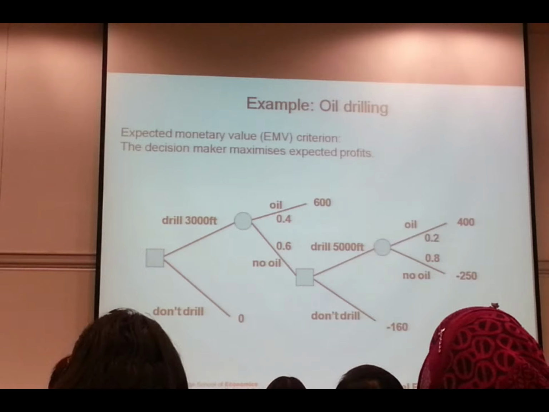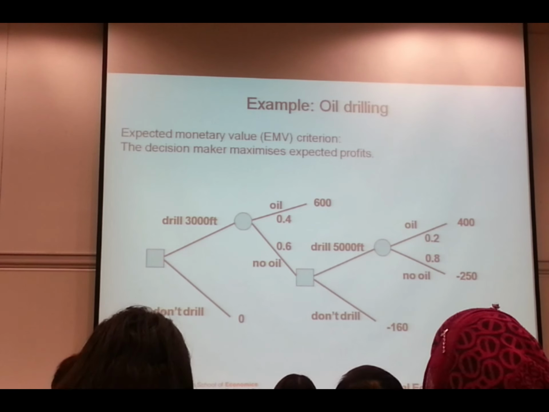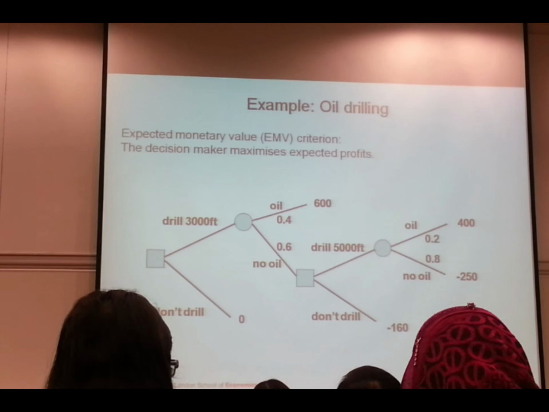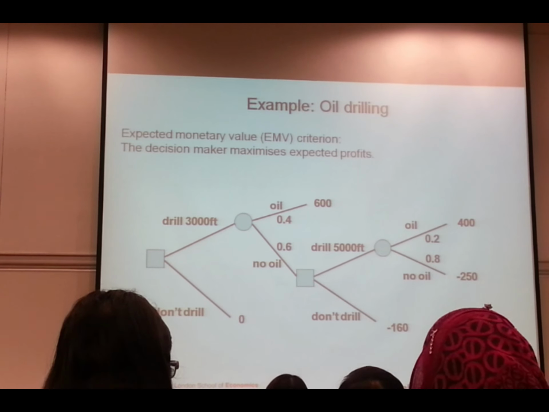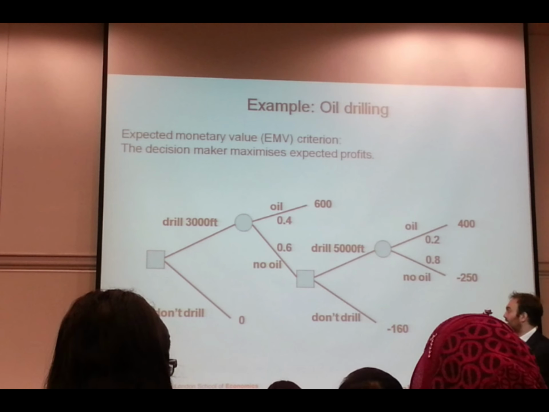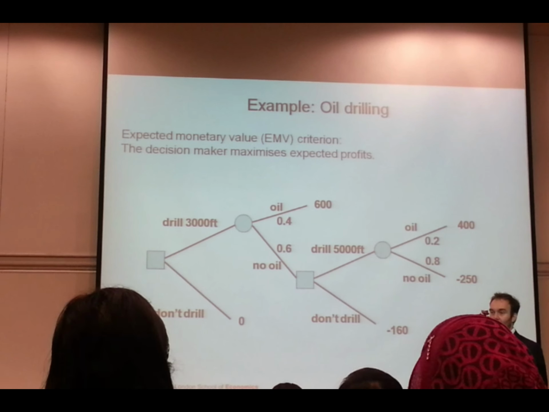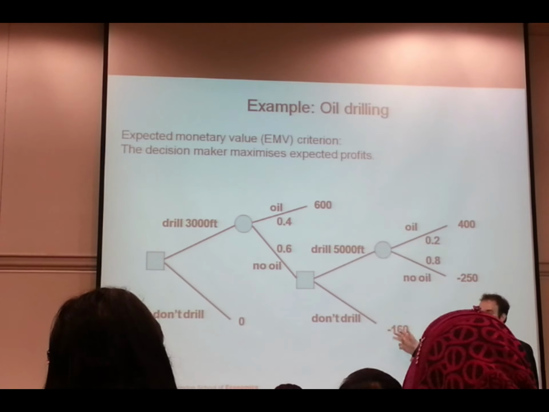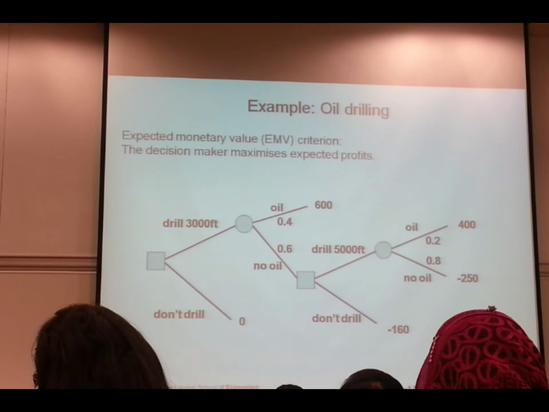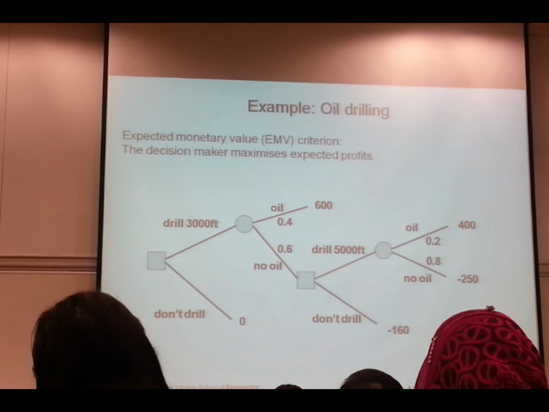If I don't strike oil, then I'm facing the second decision. My second decision is, do I want to continue drilling or do I stop here? If I stop here, I've wasted the first 160,000 because I didn't strike oil, and I'm not doing anything about it in the second layer. So I lose on it. If I continue drilling, then again some uncertainty gets resolved.